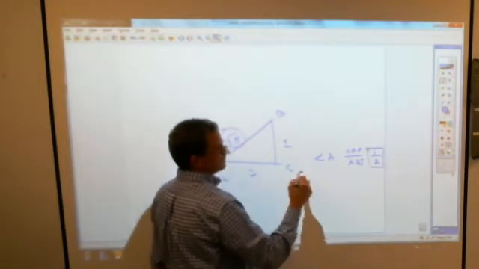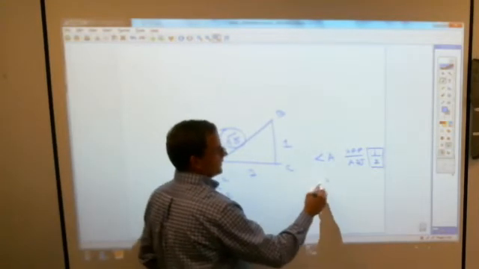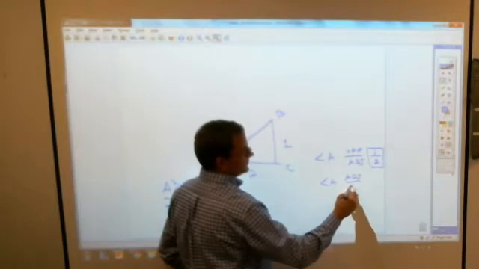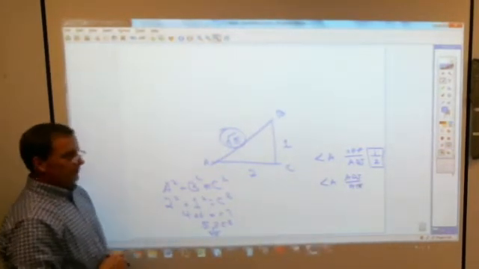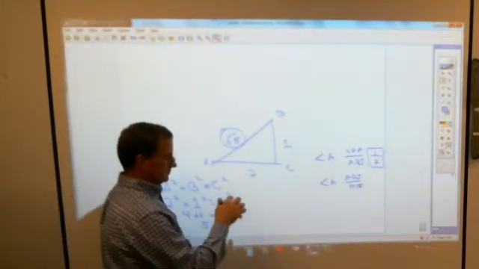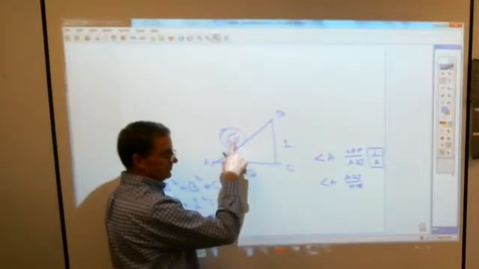How about the second one, which says adjacent to hypotenuse, for angle A? Adjacent over hypotenuse. This is opposite. This is the hypotenuse.